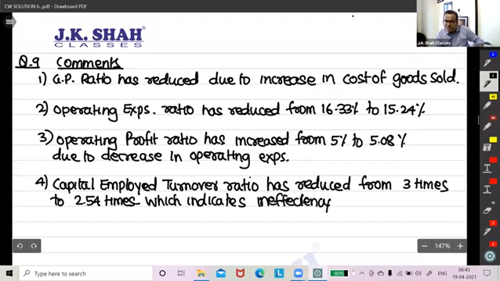Inefficiency in utilization of capital employed for generating sales.